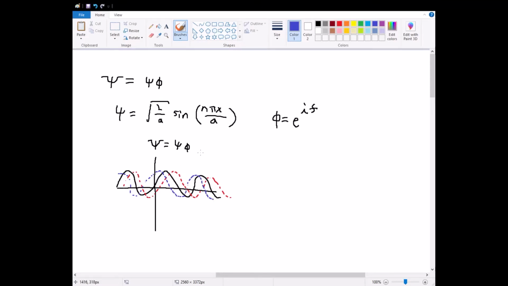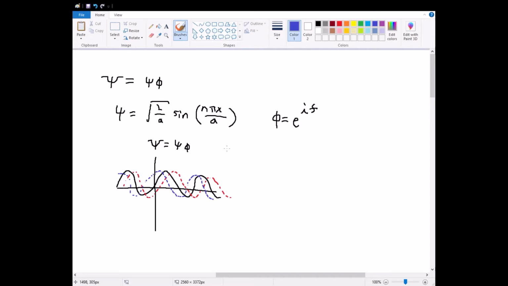So all of these three different colors that I've drawn are valid wave functions with the same little psi term, but they all have different phase constant phi terms. So effectively, phi is just a measure of sort of time, because this wave function is evidently traveling in time, and phi is basically telling us at what time we start measuring our function.